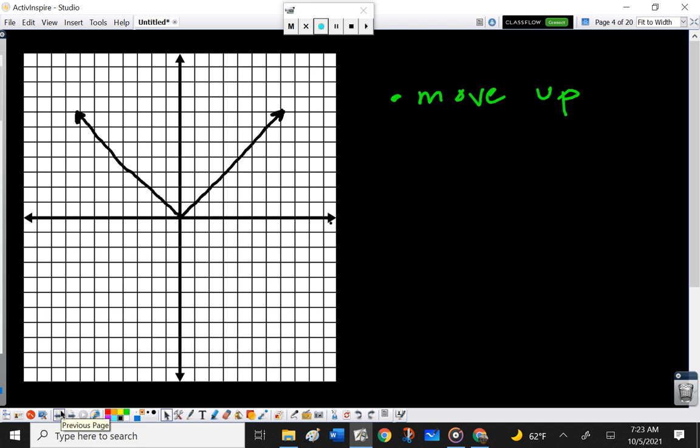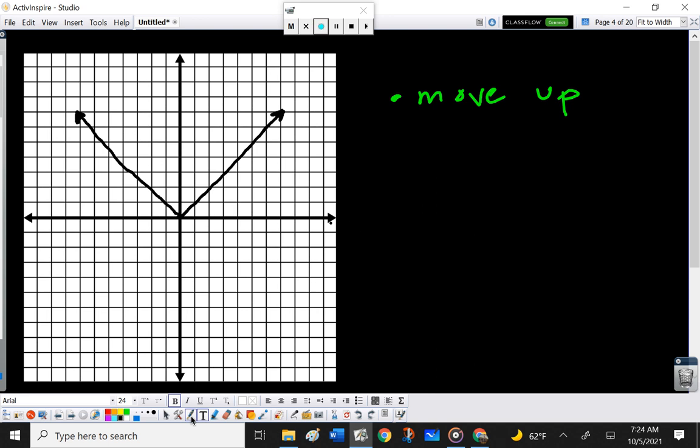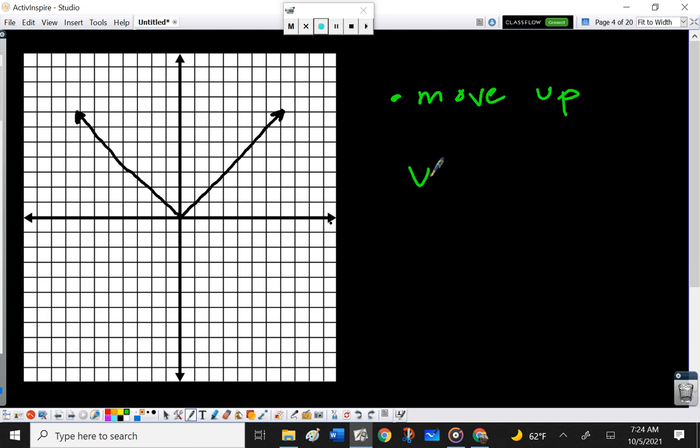The next graph we're going to do is we're going to move our graphs up. Now for this one, you don't want to think opposite. It actually looks like what you think. For instance, I'm going to write the equation y equals the absolute value of x plus 4.